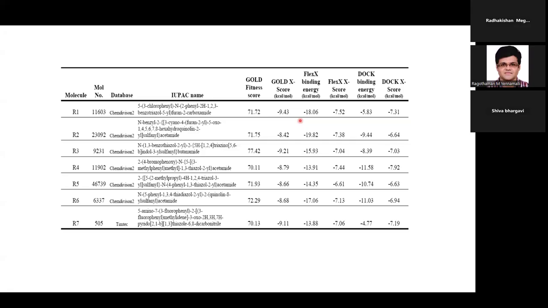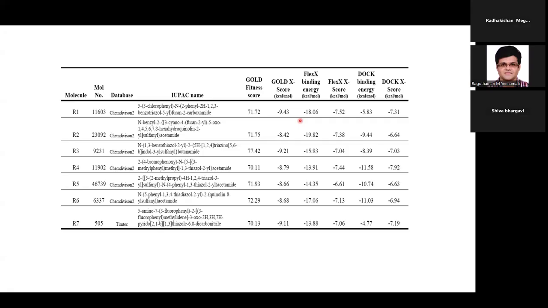Then if you use Gold, you get minus 8 kilocalorie per mole. You use FlexX, you get minus 5 kilocalorie per mole. Now, minus 5, minus 8, minus 10. Minus 8 and minus 10 are much closer in number, within plus or minus 2.2 kilocalorie per mole, than minus 5.